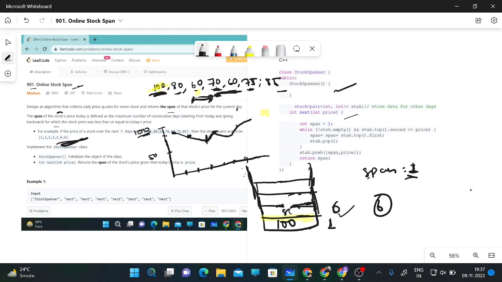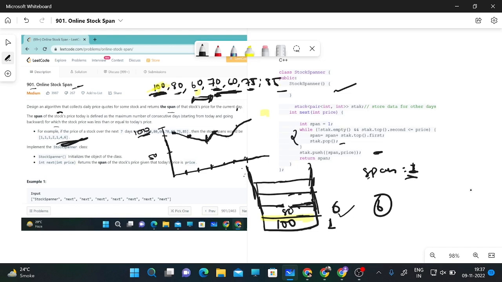So it is the code. It is pretty simple and understandable code. Nothing serious. We are pushing the values here. This line is pushing the values when the stack is not empty and the previous value is less than.